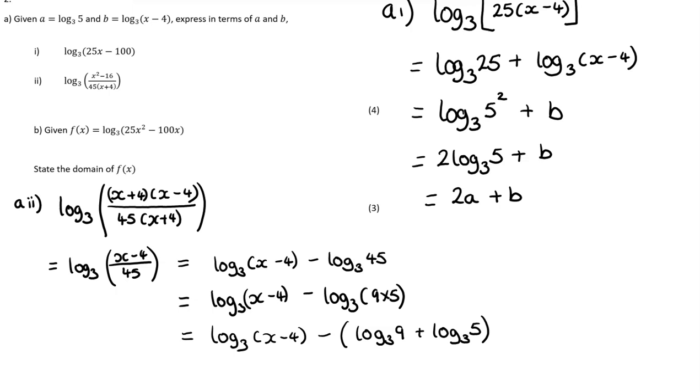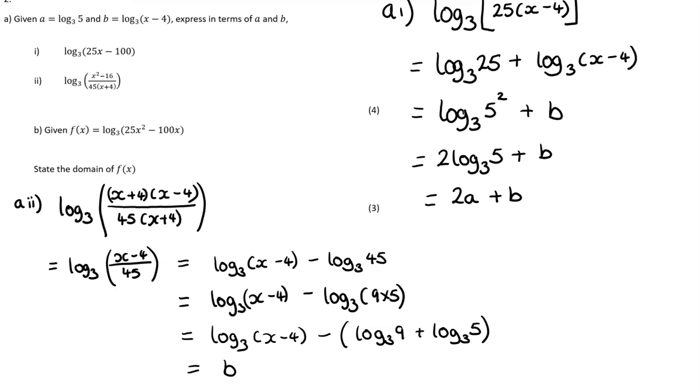But log to base 3 of 9, I can work out its exact value. That's not going to give me some horrible decimal. Log to base 3 of 9 is simply going to be 2. You can check it on your calculator, but the reason why that works is that 3 to the power of 2 gives you 9. So we can now just call the log to base 3 of x minus 4 just b.